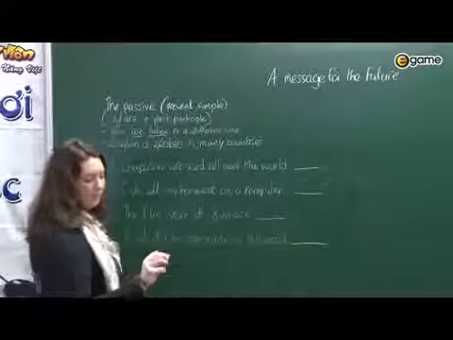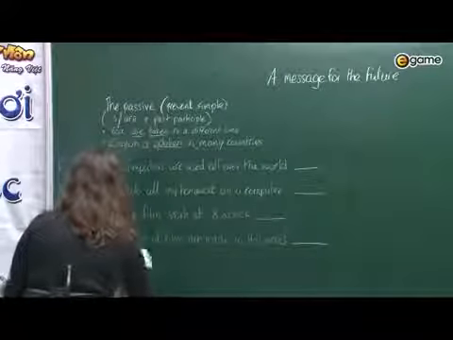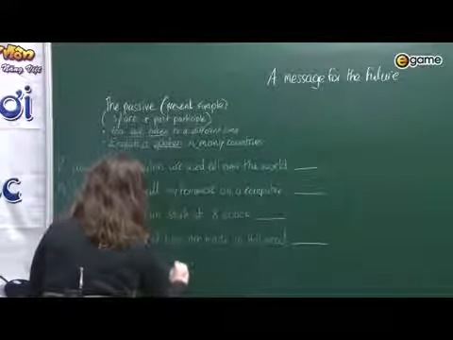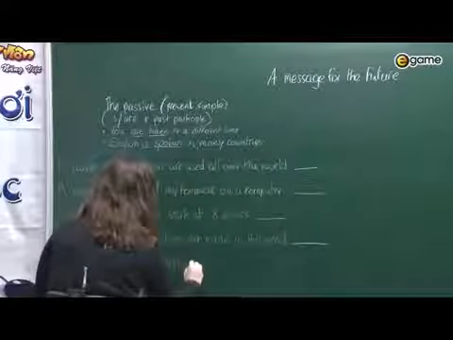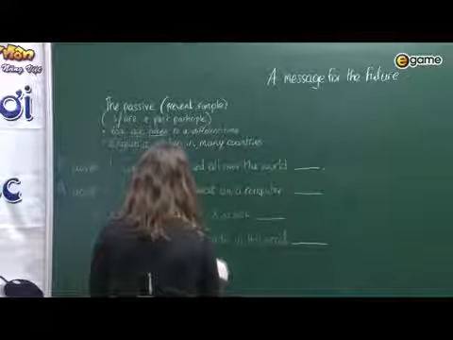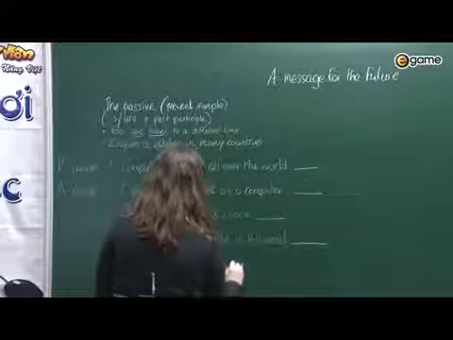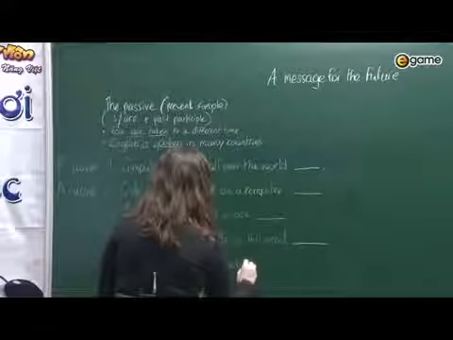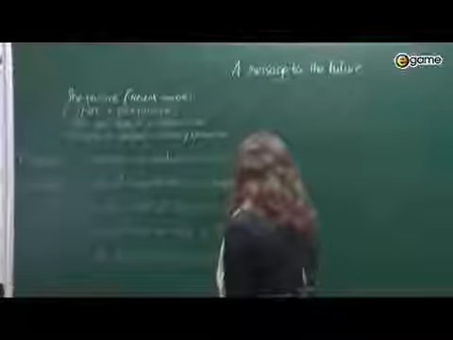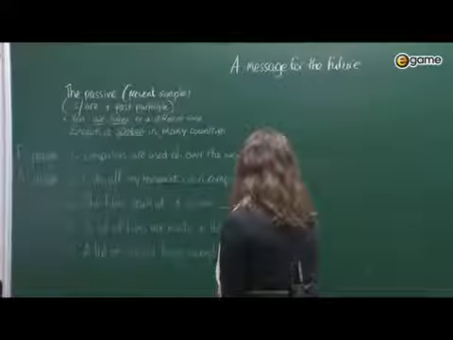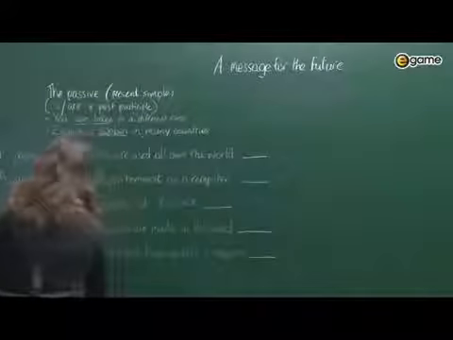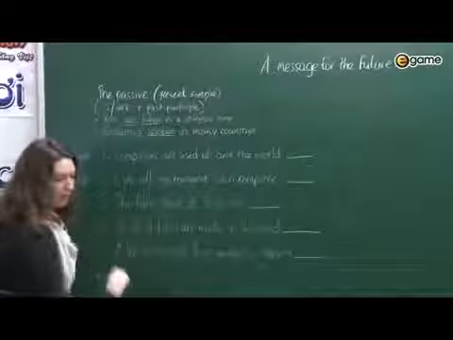Number 5. A lot of ancient things are kept in museums. Okay, passive or active? And number 6, we often visit our local museum.